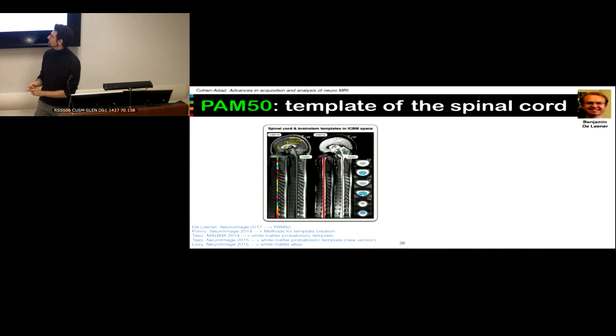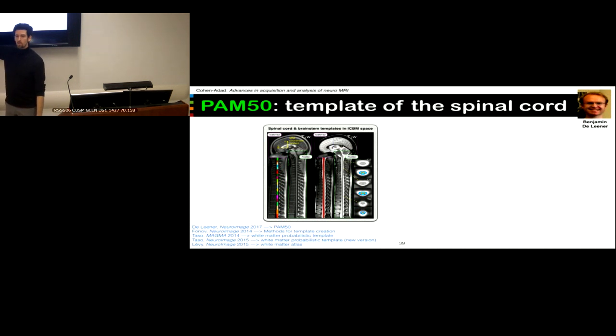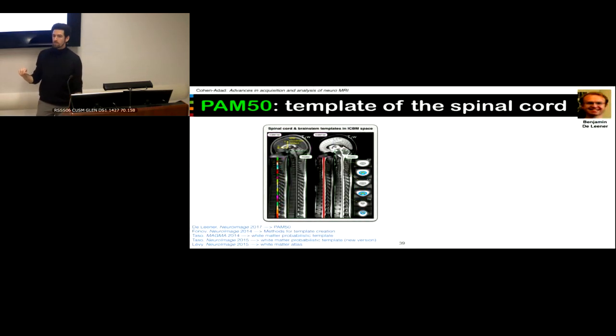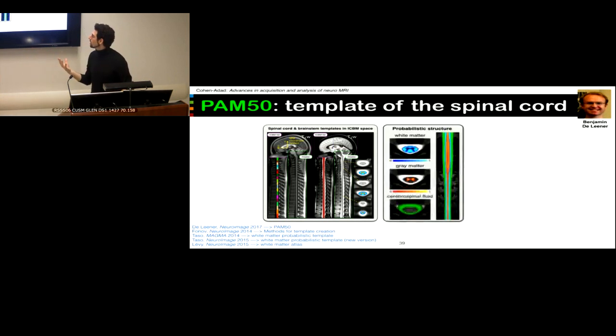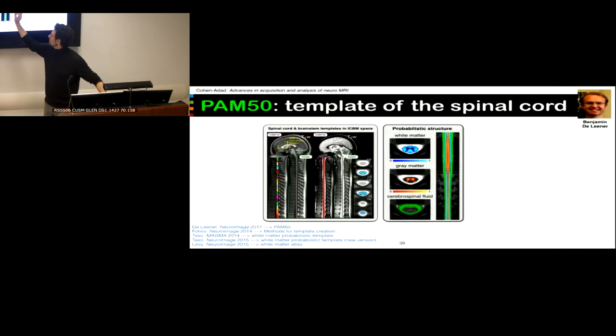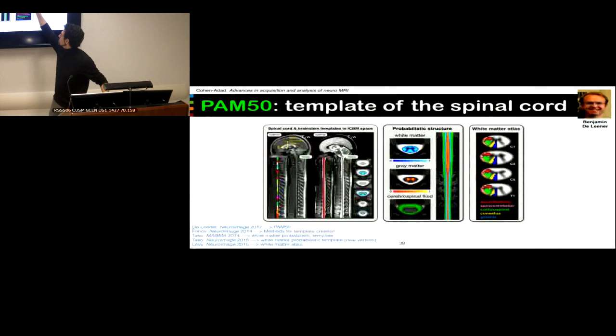And he created this T1 and T2 template that is now merged within the same coordinate system as the ICBM152 MNI template. So it's a nice step forward in terms of being able to have a template, registering new data to the template, and then process and extract particular quantitative MRI metrics within the gray matter, the white matter, or different subtracts of the white matter.